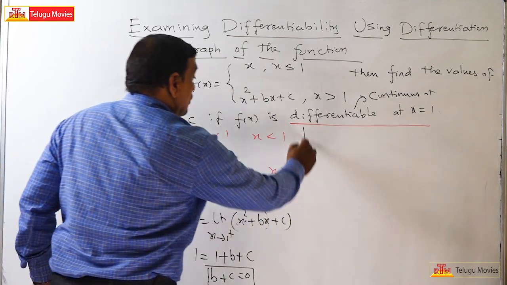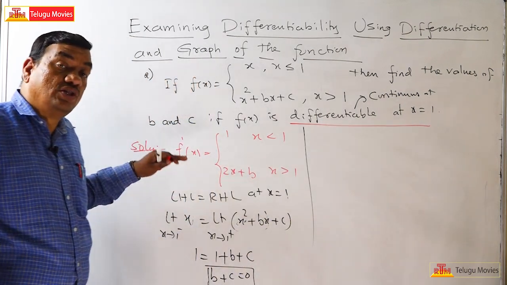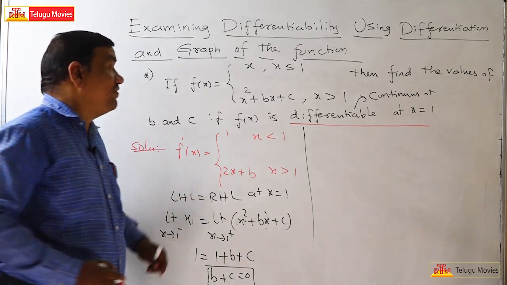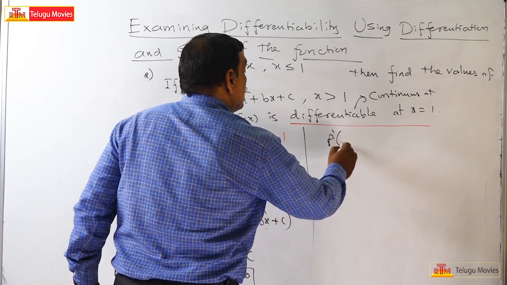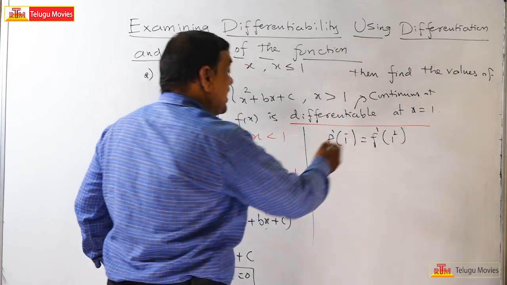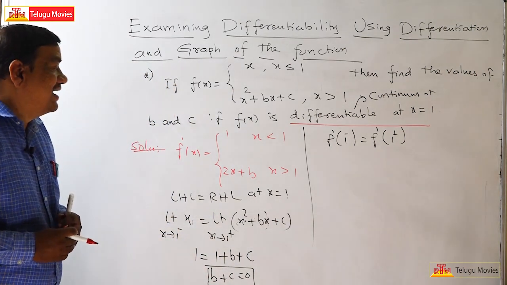Now we used the concept of continuity. Let us use differentiability. Differentiable means f dash of 1 minus is the same as f dash of 1 plus, so the left hand side derivative is the same as the right hand side derivative.